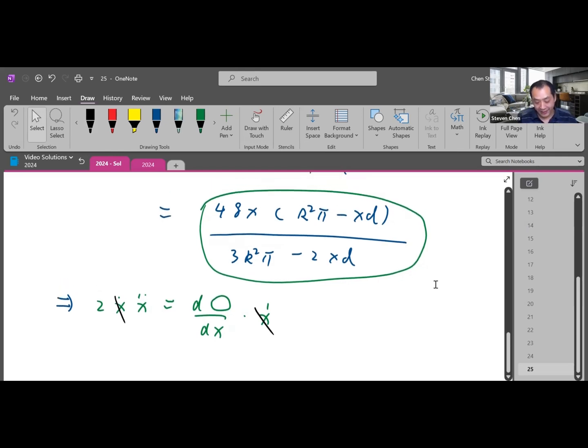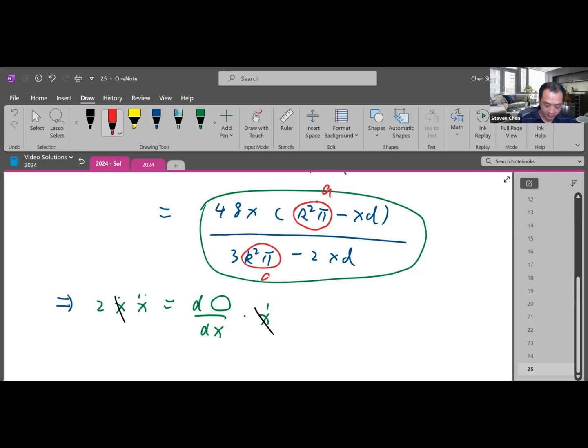So now let's do some simplification, okay? First, we observe that both the numerator and the denominator have r squared pi. So let me simply set it to be something called a, to lighten our notation. And then we also observe that x and d come together. So why don't I set them as a new variable called y?